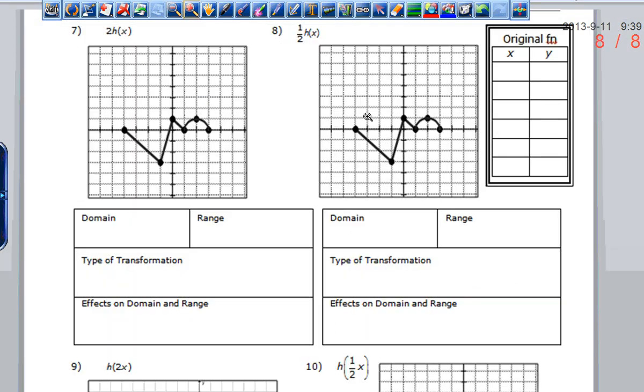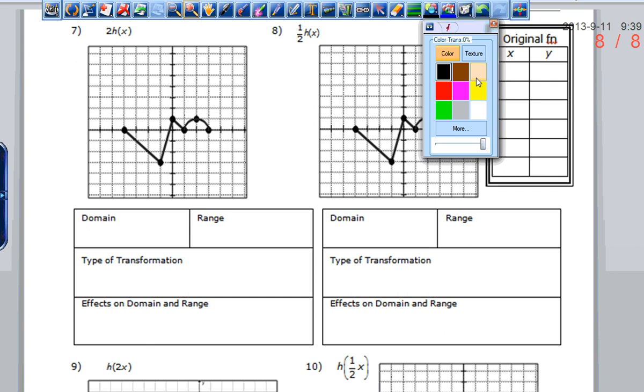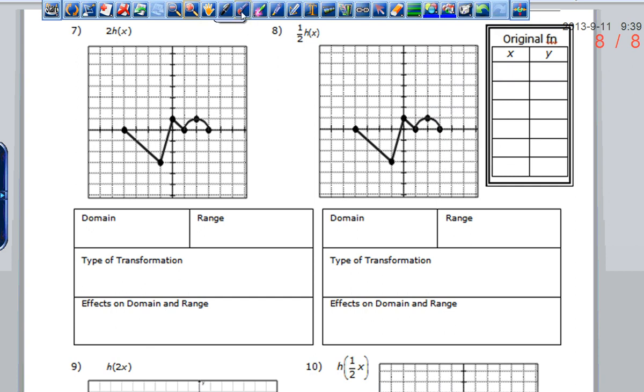Okay, number 7 and 8. What type of transformation are we talking about here? What's that number on the outside tell us what we're going to do? It is a vertical stretch.